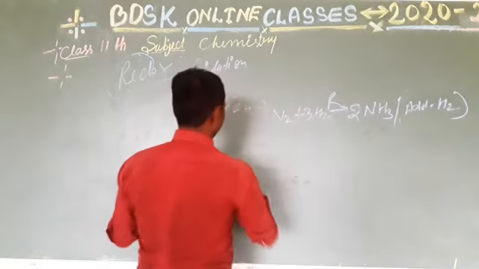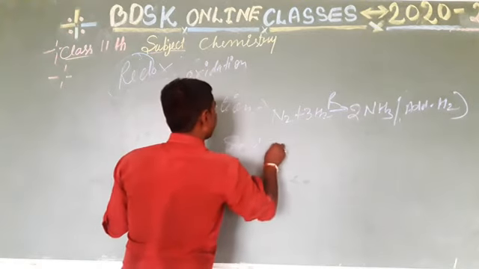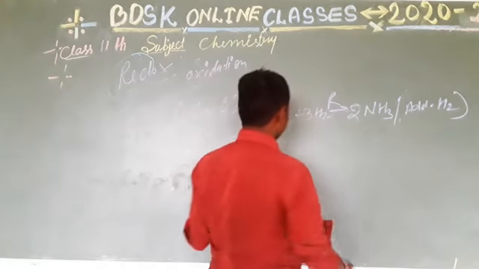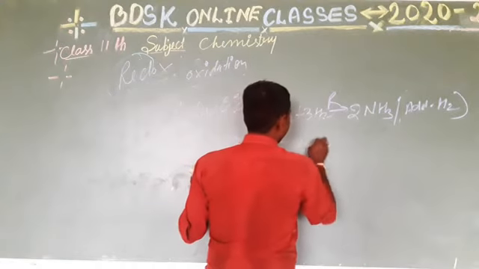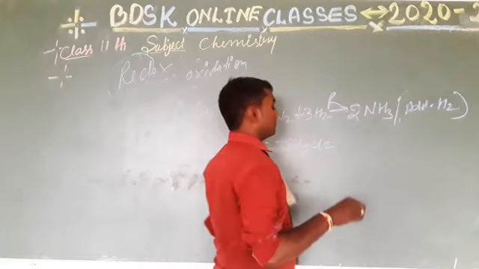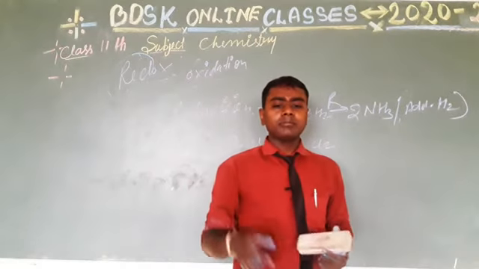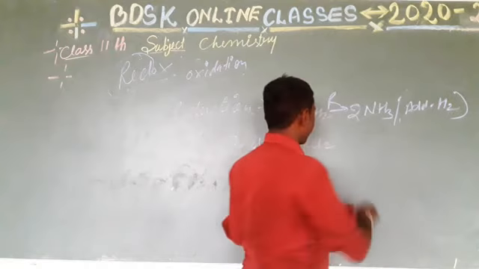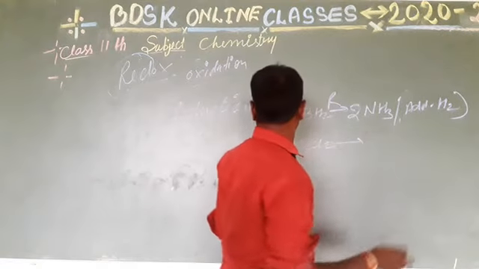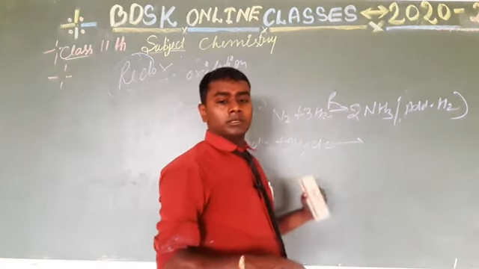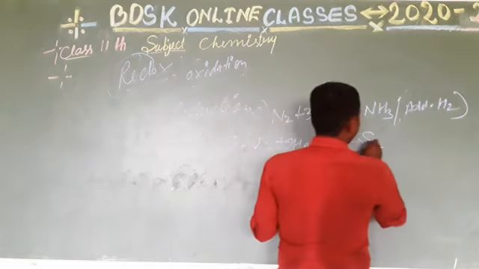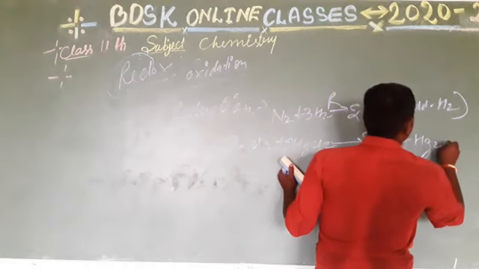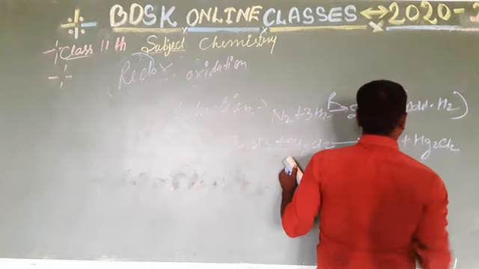Okay, next is addition of an electropositive element. Okay, so we have stannous chloride that undergoes reaction with mercuric chloride. Okay, and it forms SnCl4 and mercurous chloride.